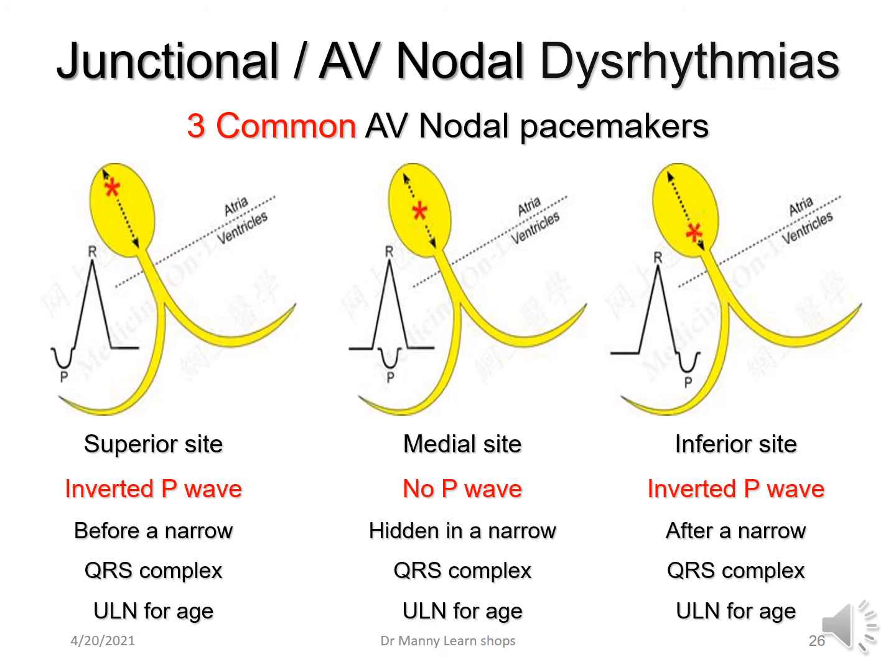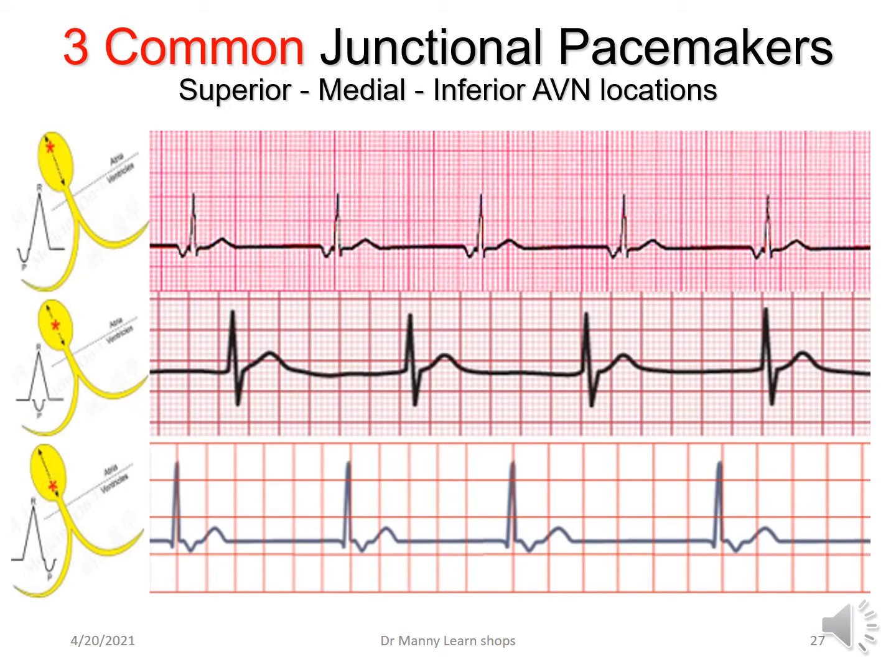If it's located in the medial site, you won't see a P wave at all. It'll be hidden in the QRS complex because they depolarize at basically the same time. So it's hidden in a narrow QRS complex. Or it can be inferior, an inverted P wave, but this follows a narrow QRS complex. These are the 3 common sites for nodal dysrhythmias, or junctional rhythms.